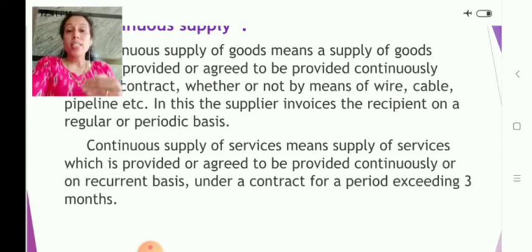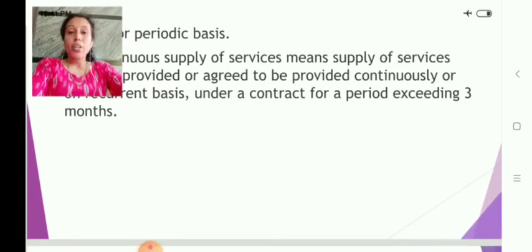Such kind of supply is considered as continuous supply. It may be supply of water or electricity by the distribution centers, or cable connections. We use all these every day, but we pay periodically after receiving the bill, or in advance also we pay it. So all these kinds of supply come under continuous supply.